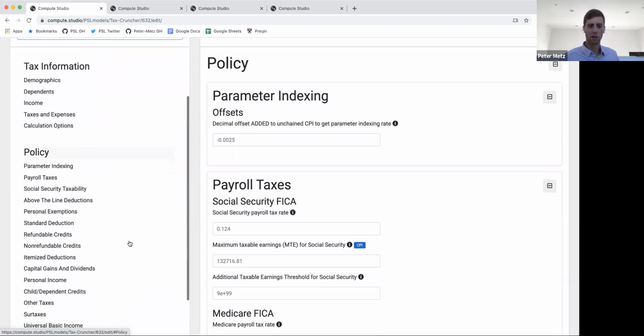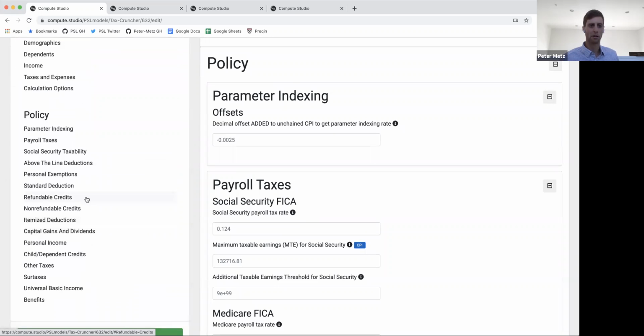So what I'd recommend is looking at this sidebar, where the policy parameters are bucketed into different groups. If you remember, our two policy reforms are applying Social Security tax to people who earn above $400,000, and eliminating the SALT deduction cap.